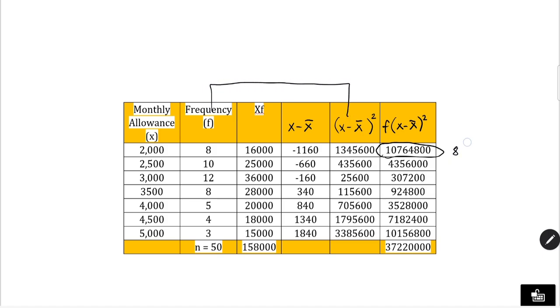So 8 times 1,345,600, and so on. Okay, that would be equal to 10,764,800. So we do the same for each of the rows, and then we get the total of the last column.